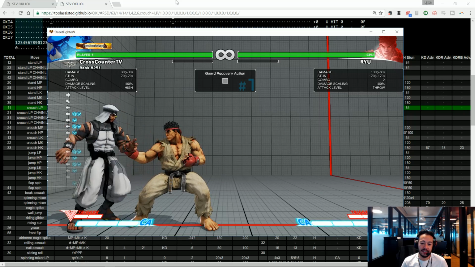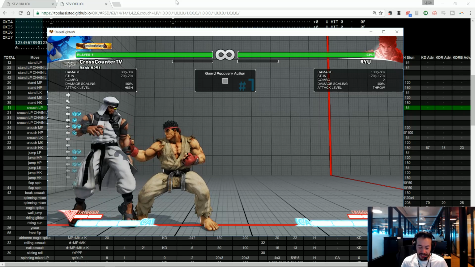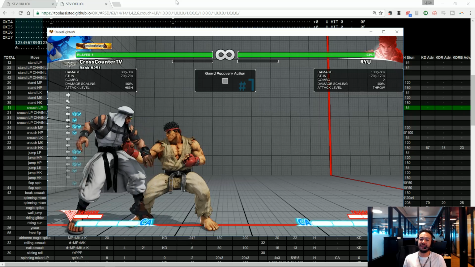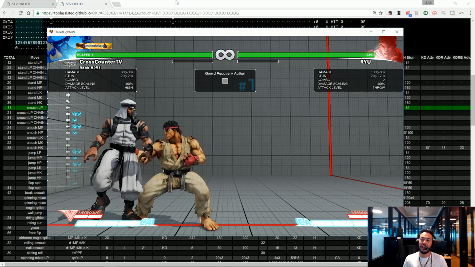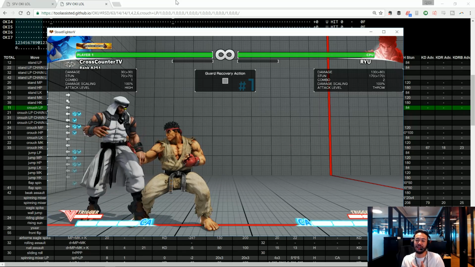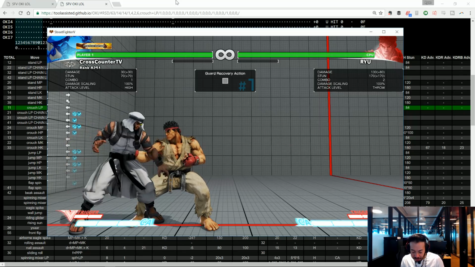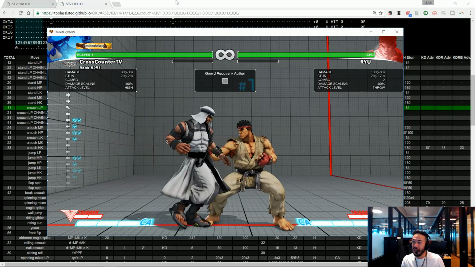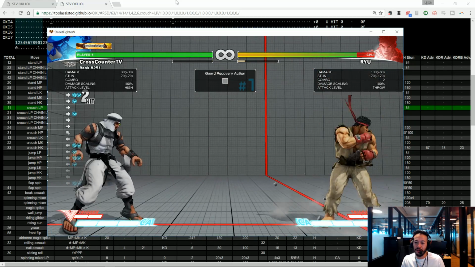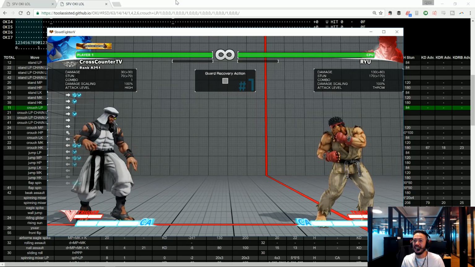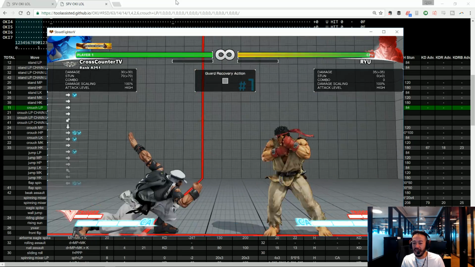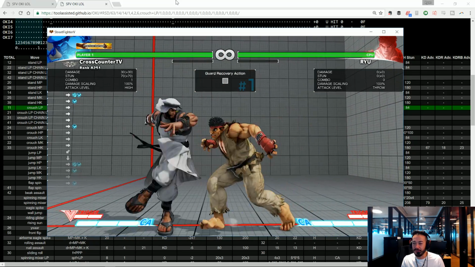For example, if you're fighting Justin Wong, who's known for having great defense, and let's say he has a 30% life lead in the first round, you can walk up and do stand light kick and then go for the throw all you want, but he's not going to hit a button. He's going to know that you're going for the throw and tech on reaction.